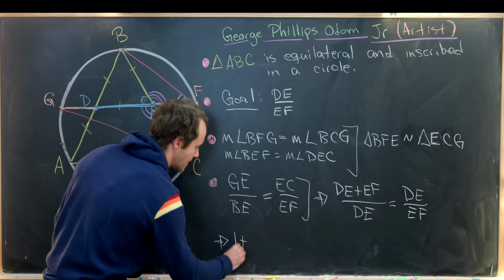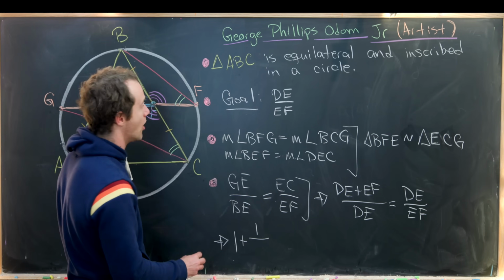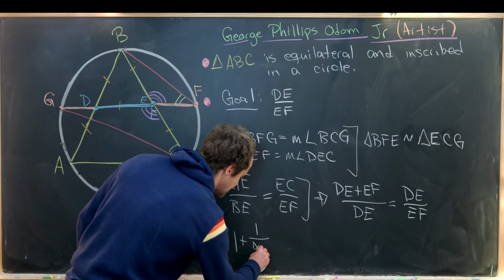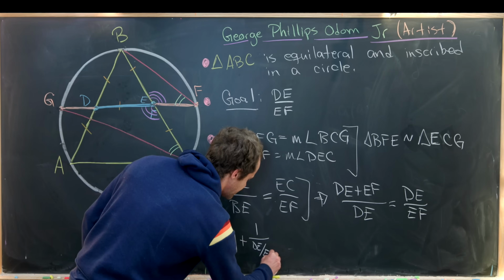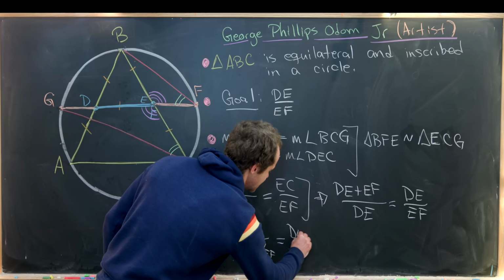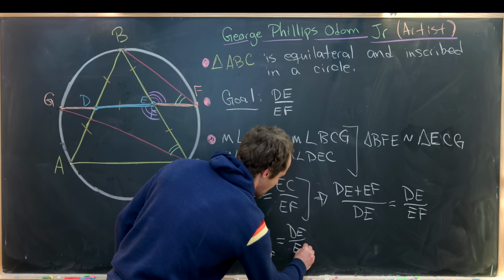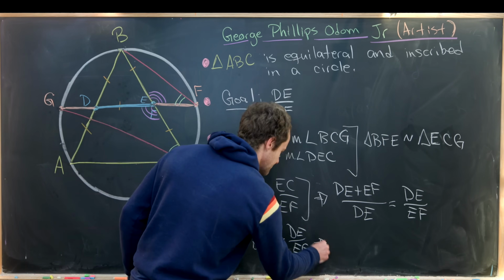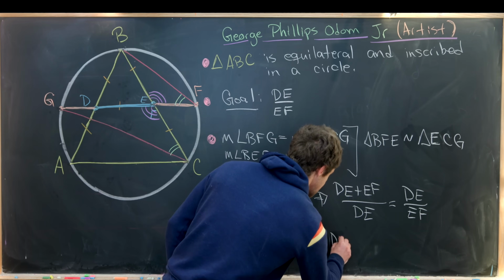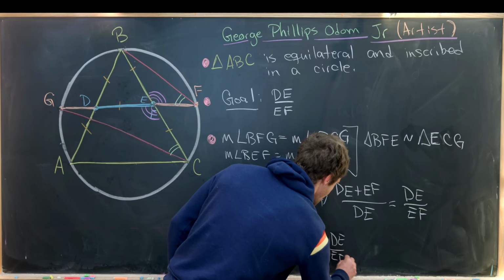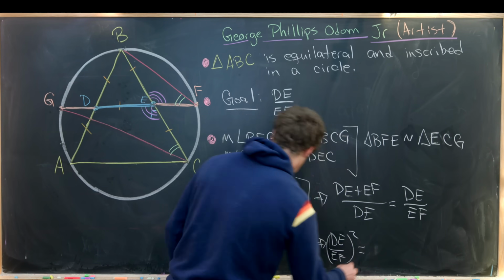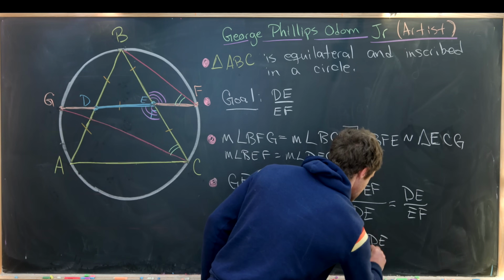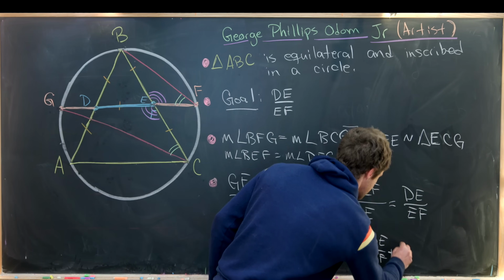We have 1 plus 1 over DE over EF equals DE over EF. But now we can clear denominators pretty easily, and we'll see that we have DE over EF quantity squared equals DE over EF plus 1.